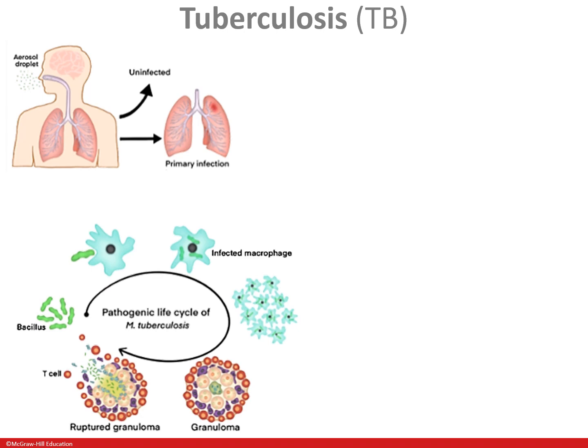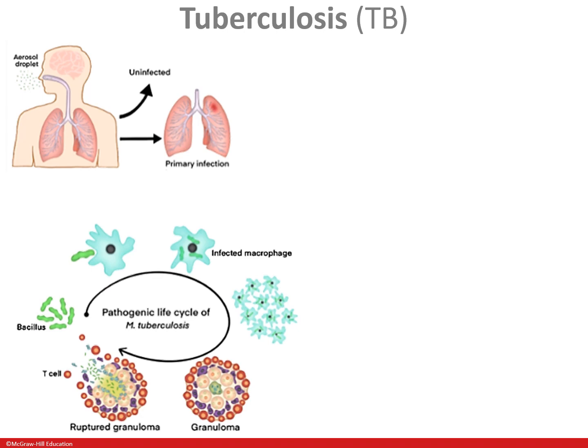And so instead of destroying them, the T cells create what's called a granuloma, which is basically where they wall off those infected macrophages. And so in many people, that granuloma basically keeps it in check. And those bacteria are sort of held in place in the lungs, and they're not allowed to escape.